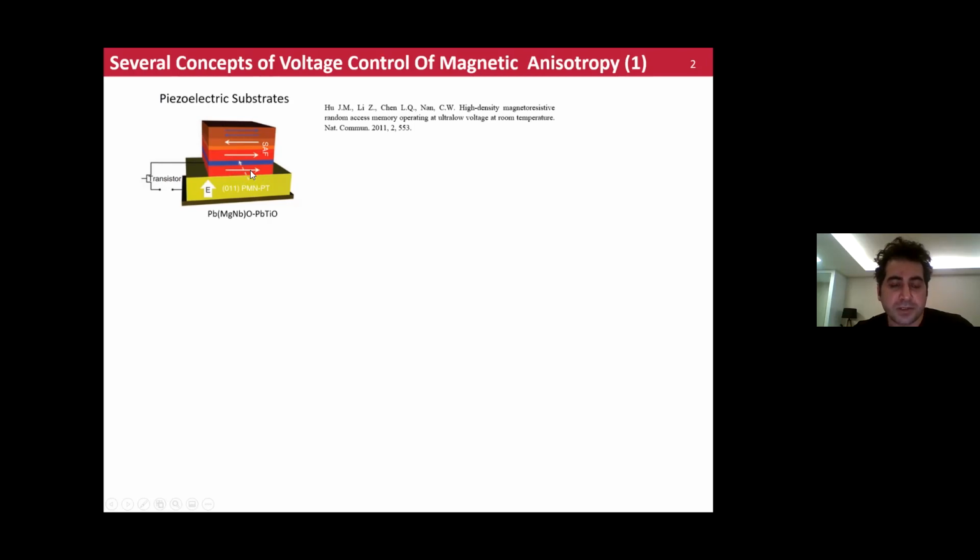Because of this strain and stress, we can manipulate the magnetization direction of this magnetic structure. Based on this concept, we can fabricate magnetic memory devices.